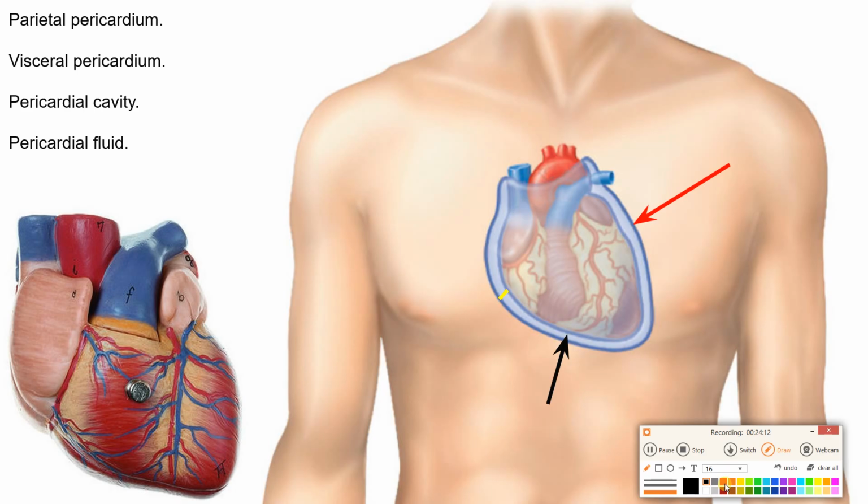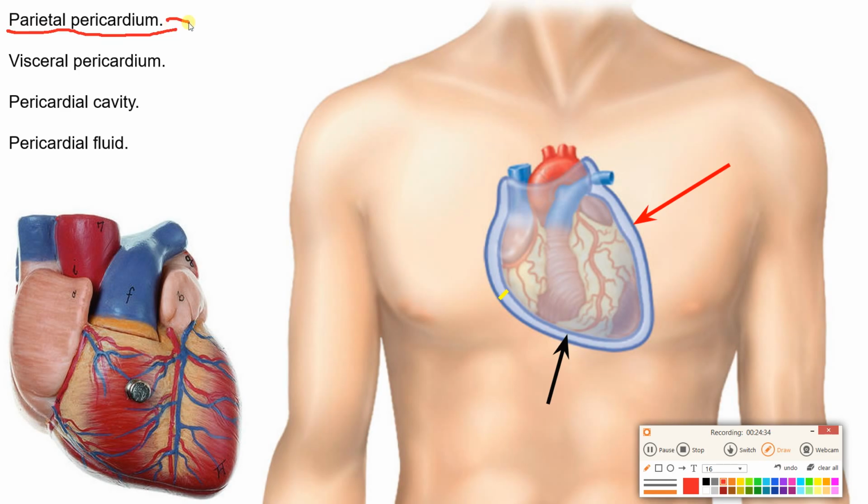So there is a red arrow on the outer serous membrane. We just learned a moment ago another word for outer in this case is parietal. So this red arrow is on the parietal serous membrane. But because we're talking about the heart, we call it the parietal pericardium.